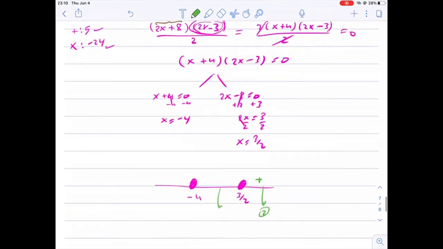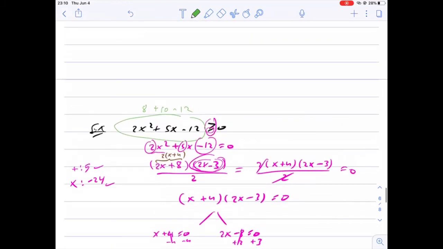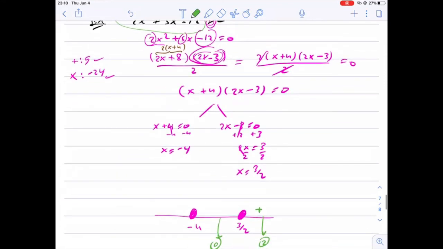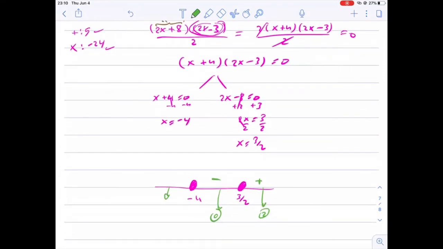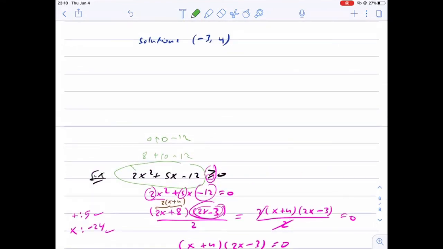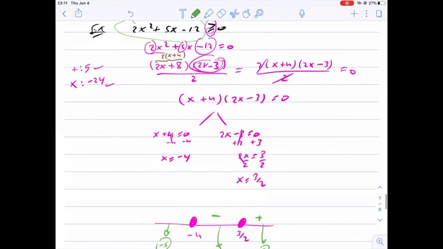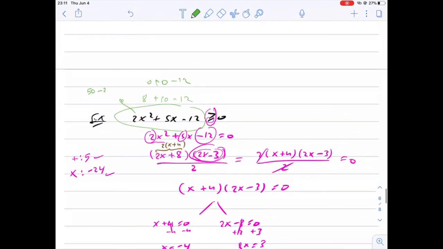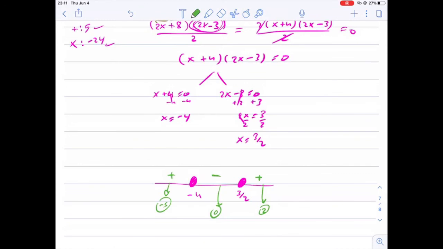And between negative 4 and 3 halves, let's choose 0, substitute it here, we get 0 plus 0 minus 12, it's less than 0. Let's choose a value that's less than negative 4, let's choose negative 5, and substitute it here, we get negative 5 squared, 25, times 2, 50, 5 times negative 5 is negative 25, minus 12, we still have a positive value.